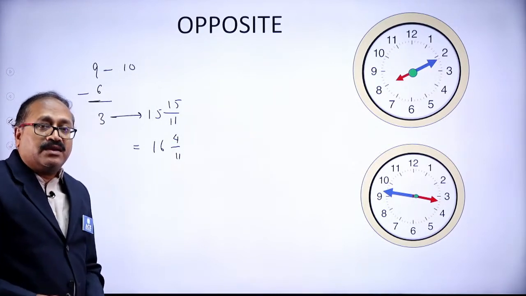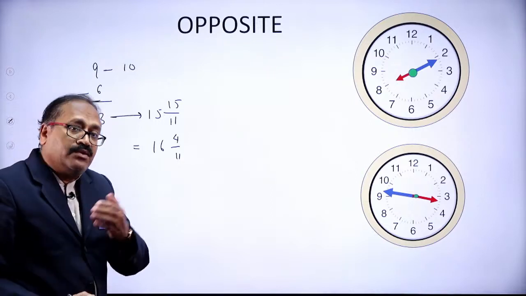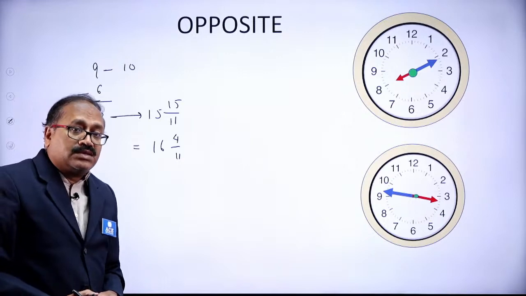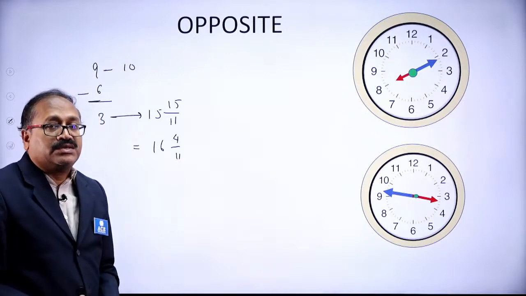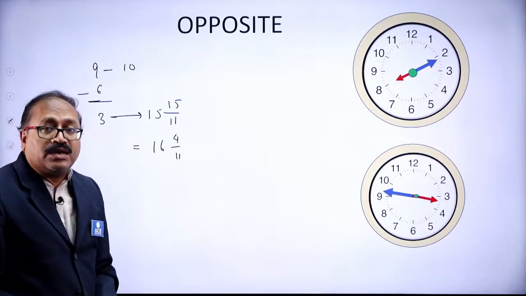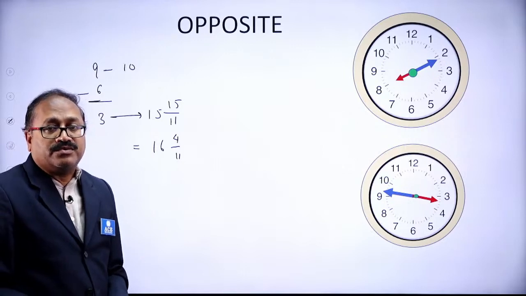Now you may ask, Narendra, when do I add 6 and when do I subtract 6? For that I have taken 2 examples here, and after that for opposite hands you will not have any doubt.